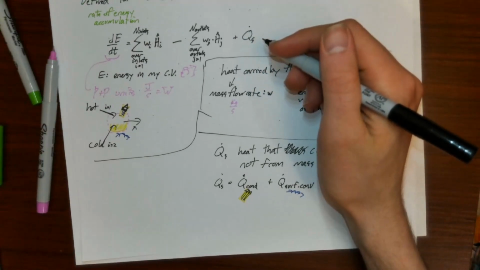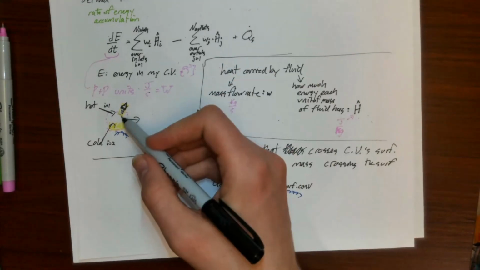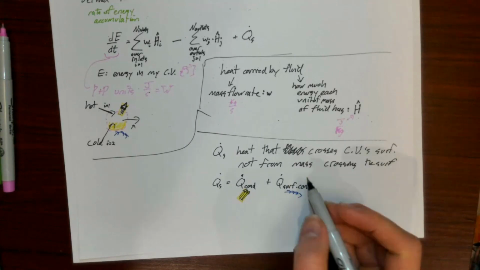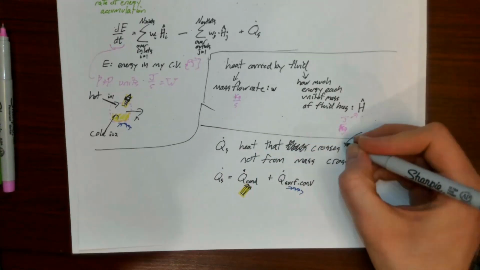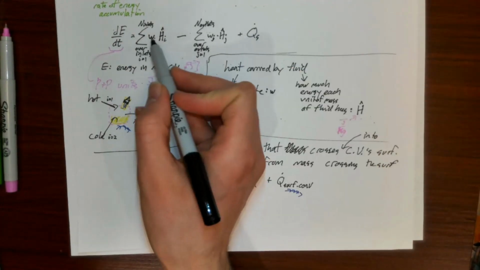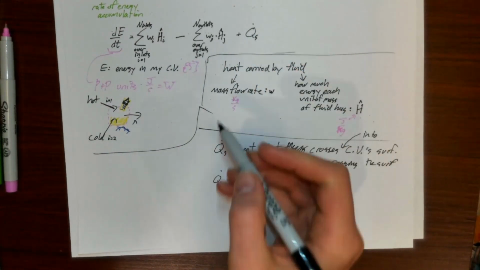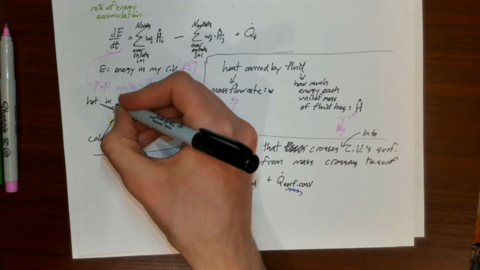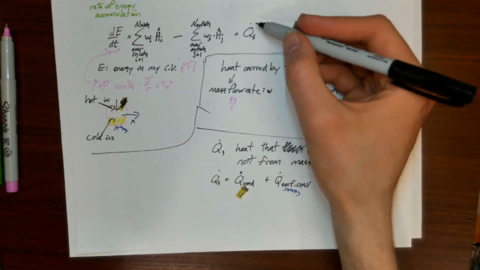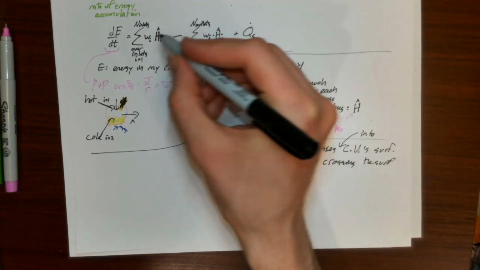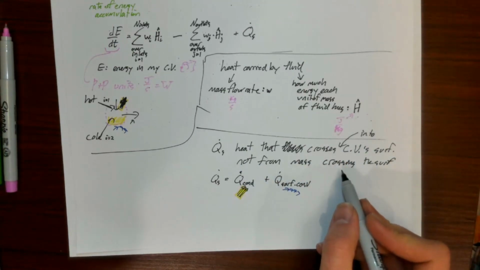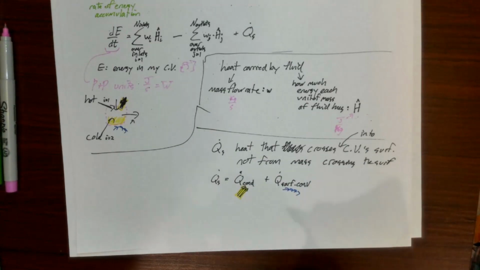Let me clarify that I drew these arrows a little bit incorrectly. This Q dot surface is defined as heat that's crossing into the surface, right? So this is positive. Q dot S is defined as heat that's crossing in, so I should have drawn it this way through my conduction. Because it's on the right hand side and positive, it's defined as heat that crosses into the control volume surface, but not from mass crossing the surface.